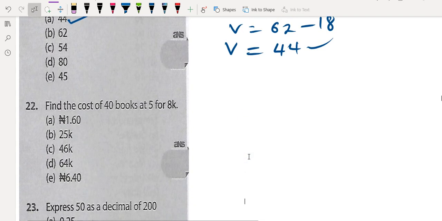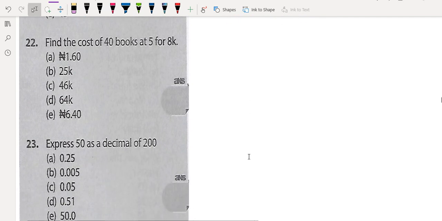Number 22. 1 minute. Find the cost of 40 books at 5 for 8 kobo. Because of 5 kobo, so therefore 8 kobo will be 8 times 40 over 5. 5 into 40 is 8. That's 8 times 8, which should be equal to 64 kobo. What's the answer? 64 kobo.